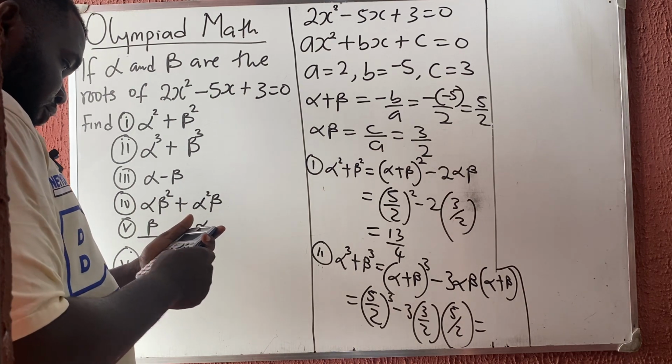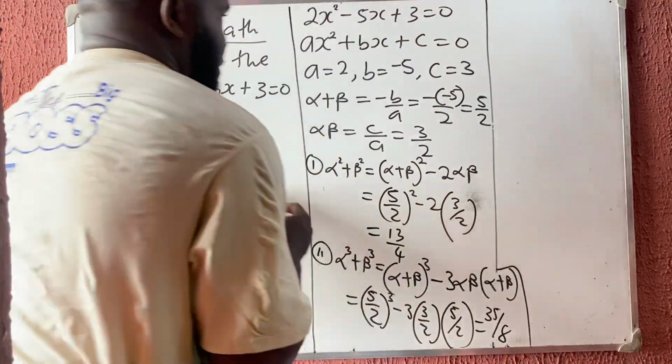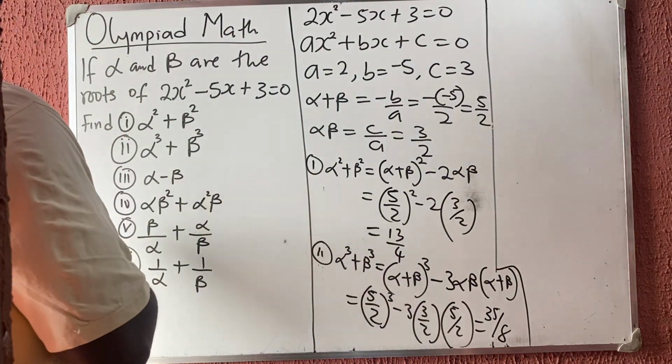Okay, so I'm having 35 over 8. So 35 over 8 is the answer to that. So we quickly move to the next one.